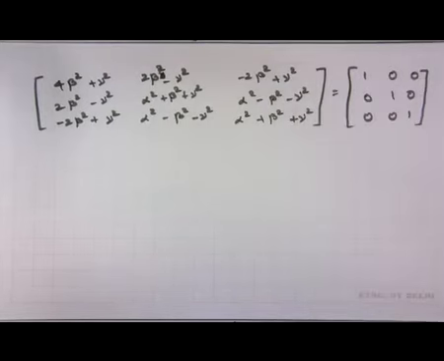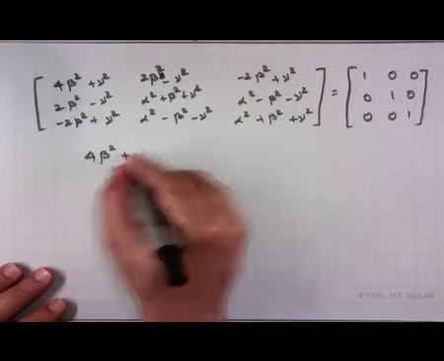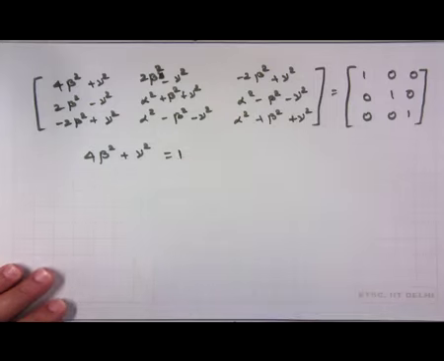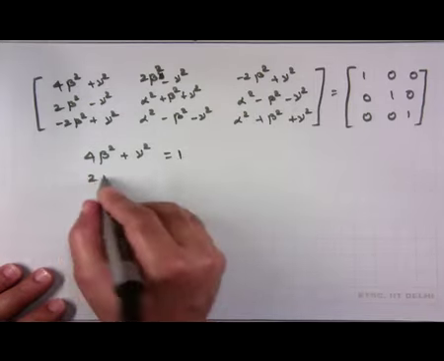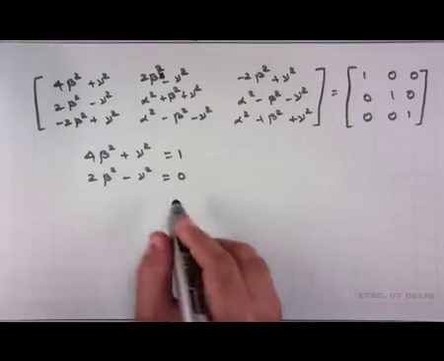Now, let us write down the equations. 4 beta square plus gamma square equal to 1. Second one, 2 beta square minus gamma square equal to 0.